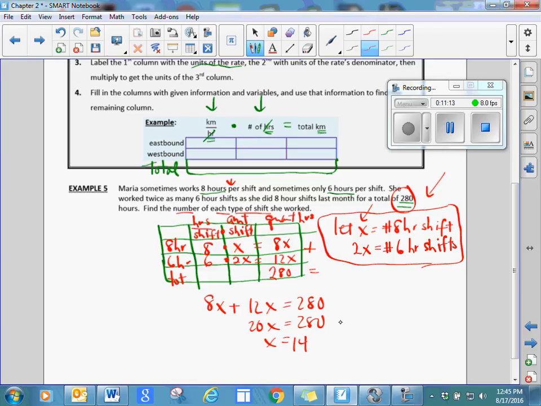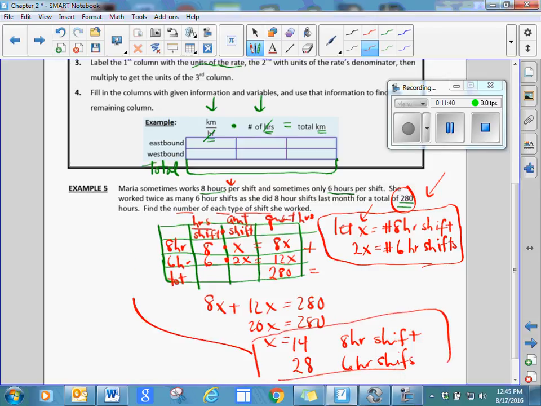So she worked 14 8-hour shifts. And if you double that, 14 doubled is 28. That's how many 6-hour shifts she worked. And that's the answer to your question.